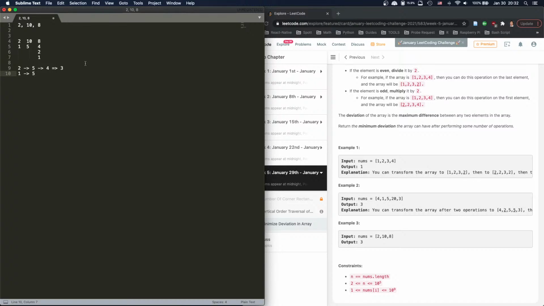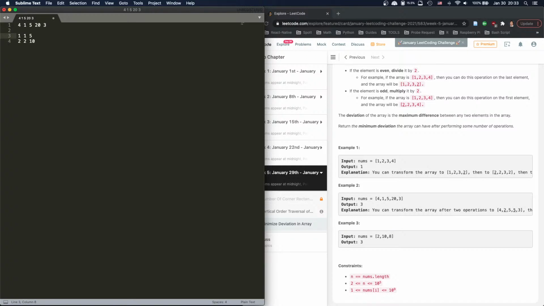Alright, let's try another one. Let's try 4, 1, 5, 20, and 2. So we have 2, 1, that's 4. 1, let's just order it. 1, 2. Next position, 1, 2. Next position, 5, 10.